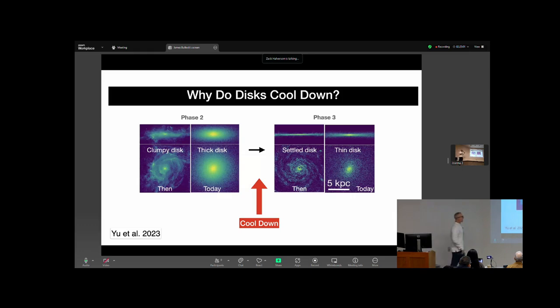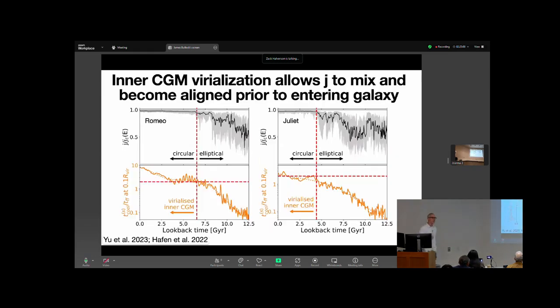So first thing I'll ask is, why do these disks cool down? There's been a fair amount of work on that, but the answer that I like the most is that the inner circumgalactic medium is virializing. So at late times, the inner circumgalactic medium virializes, it gets hot. And what this means is as the gas gets into the galaxy, it takes a long time compared to an orbital timescale.